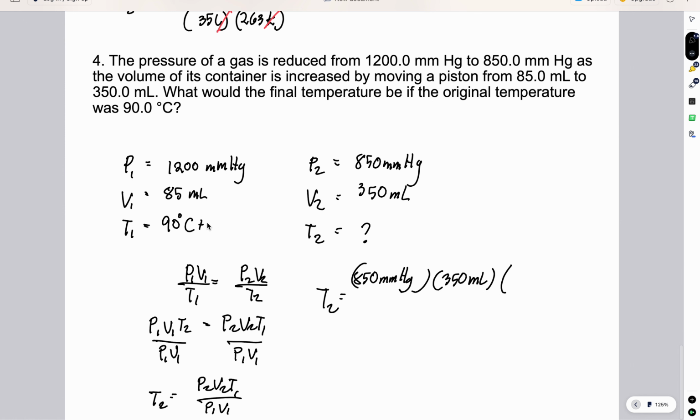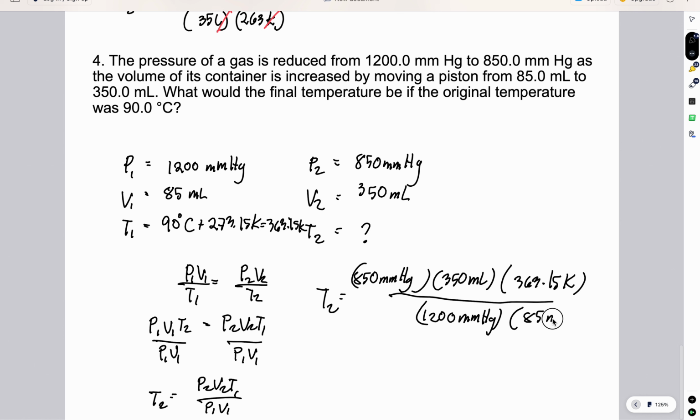Don't forget to convert this to Kelvin. So this is 90 plus 273.15, which is 363.15 Kelvin, divided by P1, which is 1200 mmHg, and V1, which is 85 ml.